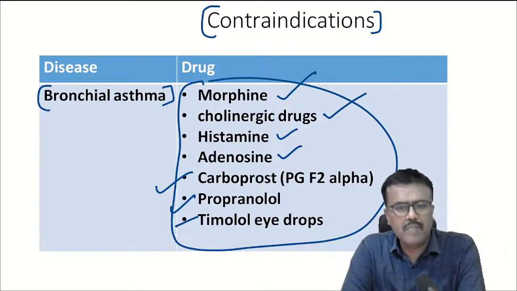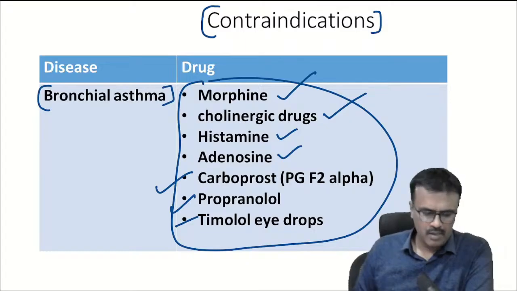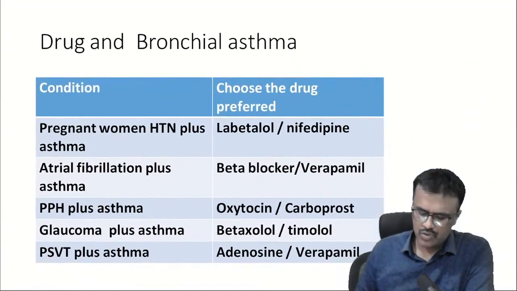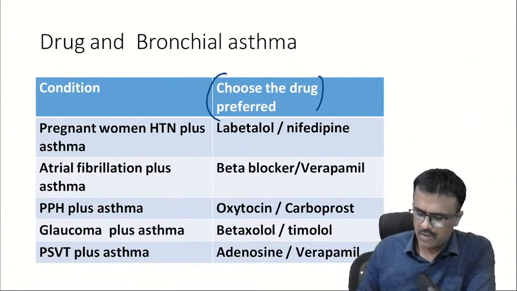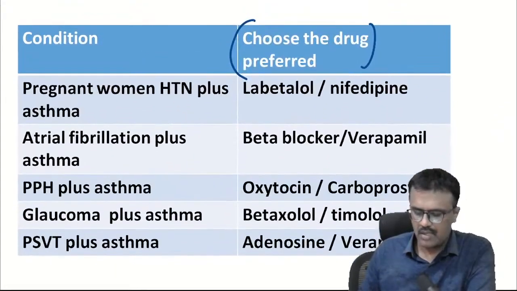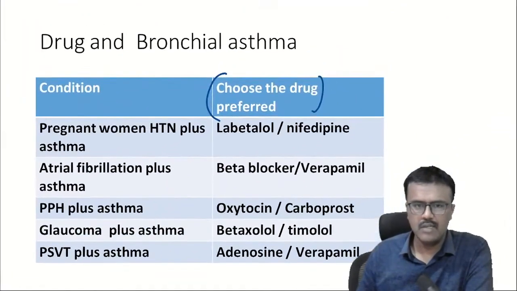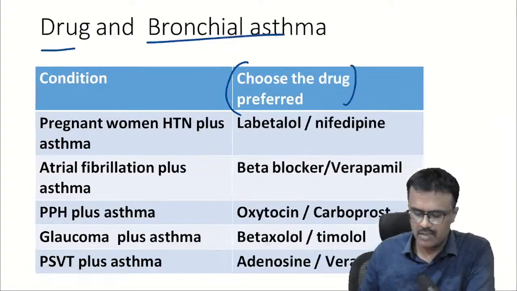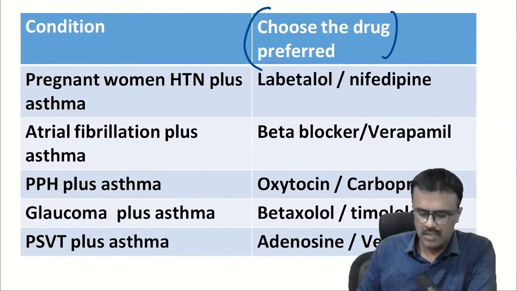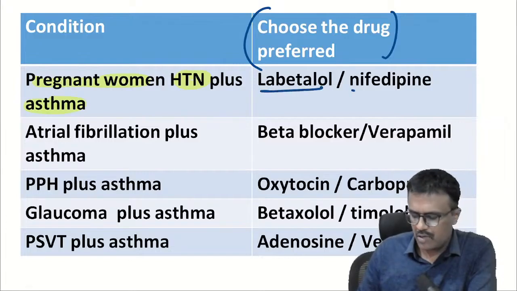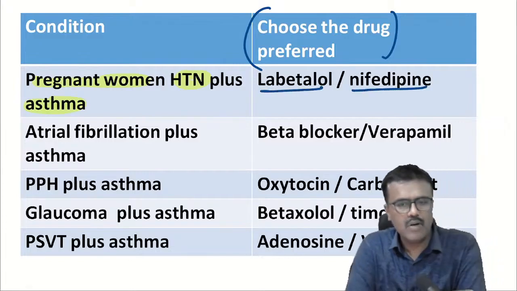And I am telling you the application part. Now moving on to choosing the preferred drug. Suppose they give questions like this in an asthma patient. See, drug and bronchial asthma is a preferred question. Suppose a pregnant woman has hypertension. Will you choose labetalol? Will you choose nifedipine? I want your answers.